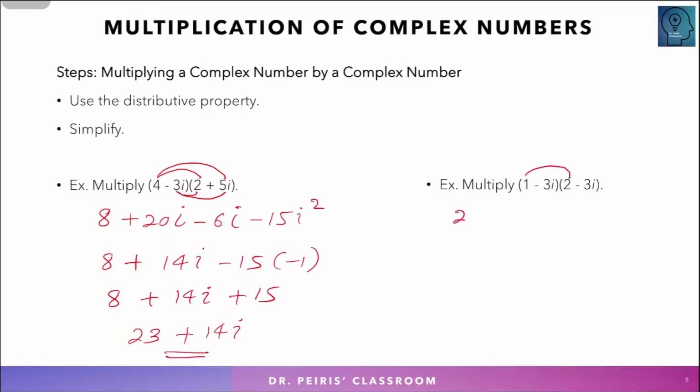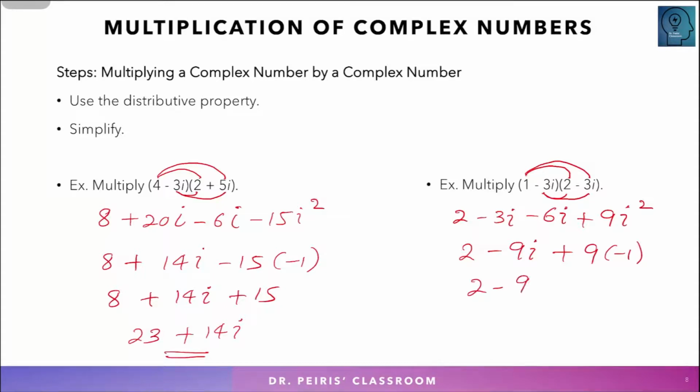1 times 2 is 2. 1 times negative 3i is negative 3i. Negative 3i times 2 is negative 6i. And then negative 3i times negative 3i is positive 9i squared. And then we combine like terms. 2 minus 3i minus 6i is minus 9i, and plus 9i squared, we substitute negative 1.